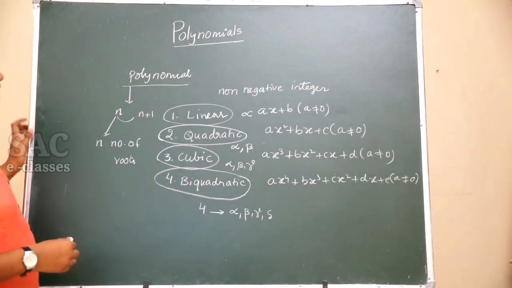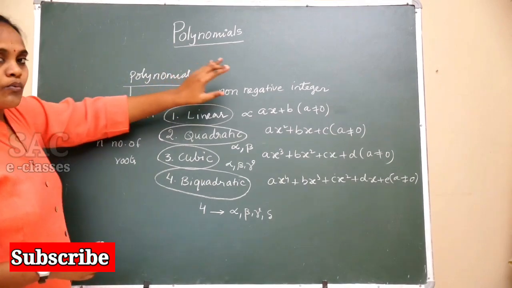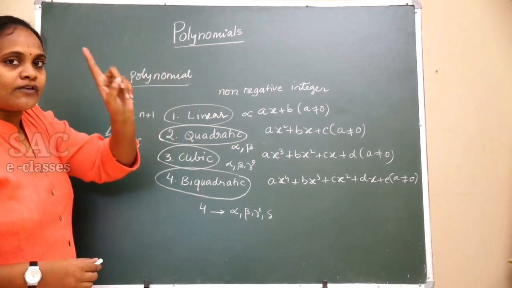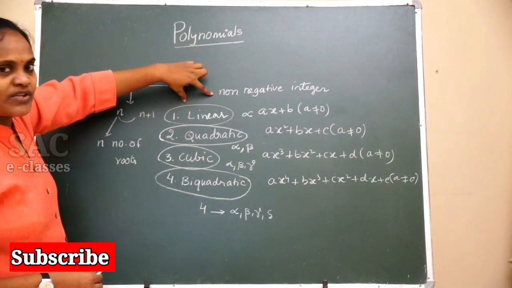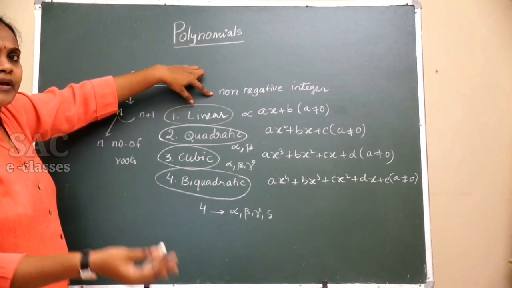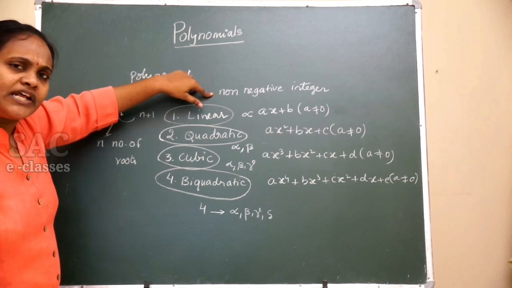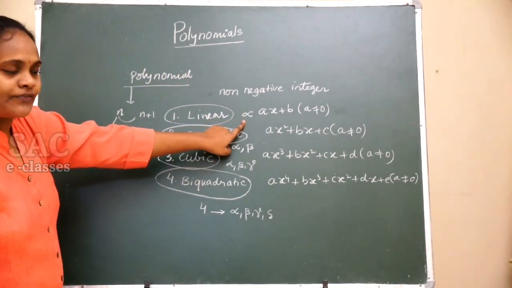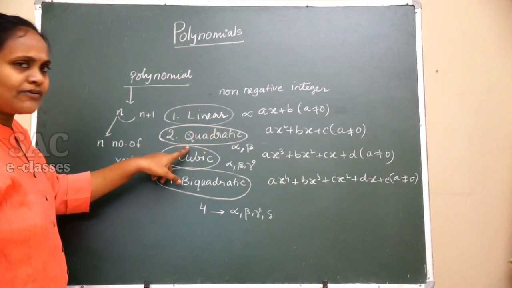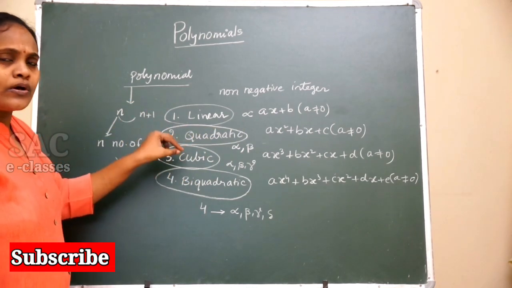That means how many roots will be possible for a linear polynomial? One maximum. I say maximum because sometimes a root may or may not be possible, but the number of roots is only one, namely alpha. For quadratic, what is the degree? 2.